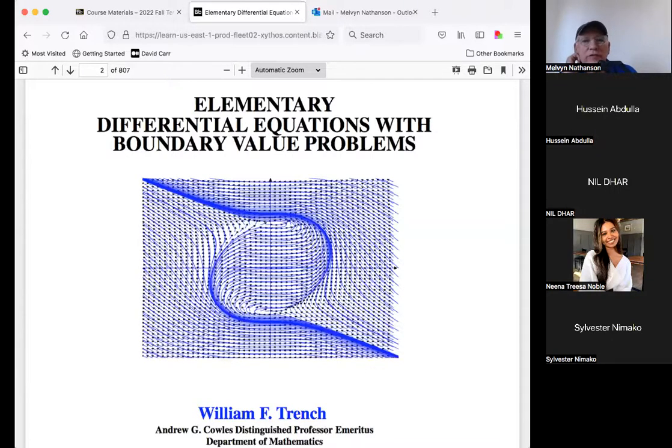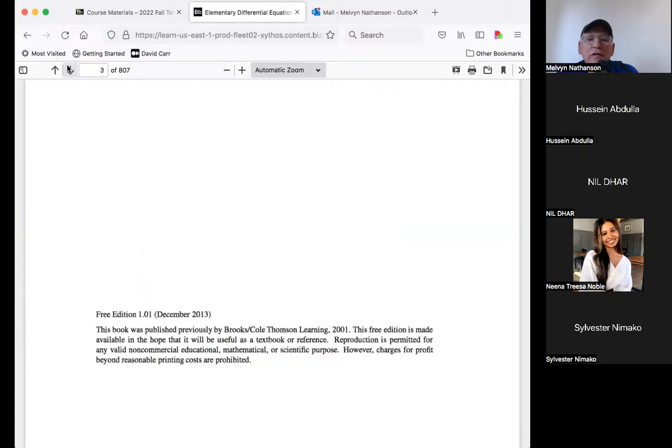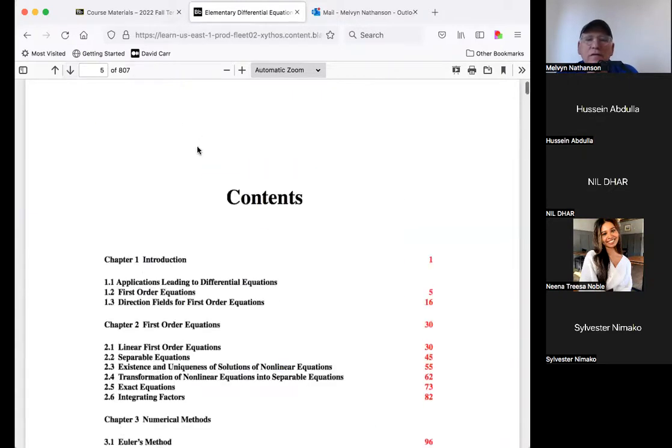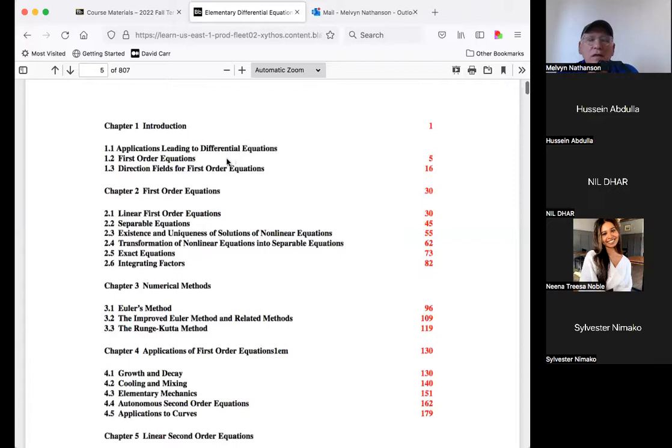So let me just show you the textbook again for a moment. This is it. Elementary Differential Equations with Boundary Value Problems by William Trench. If we turn to the table of contents, the introduction, chapter 1, is the subject of the first lecture, and there are some homework problems for Tuesday of next week.